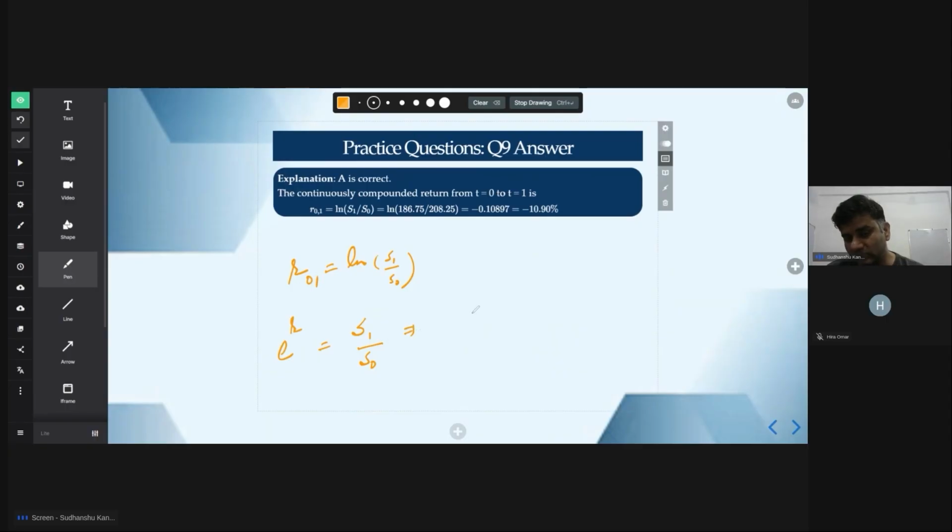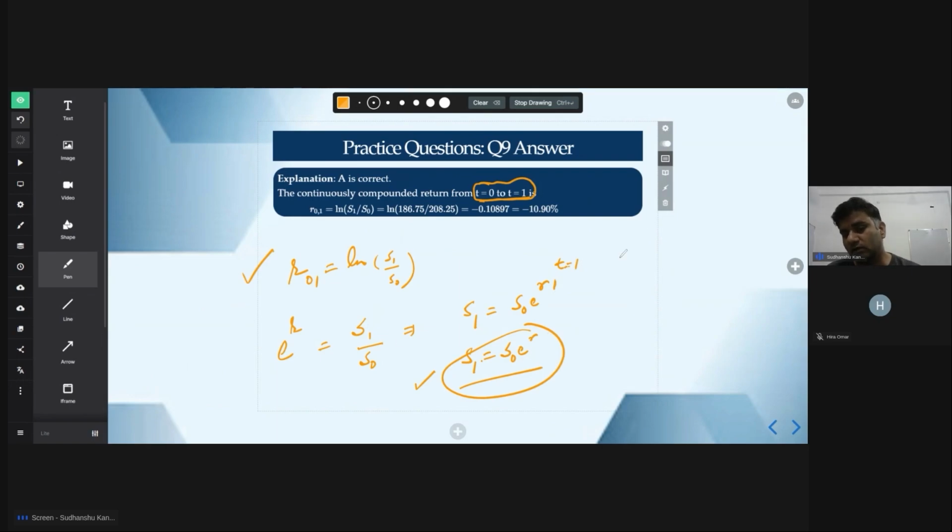So S1 becomes S naught e to the R, and T is 1, because we are taking from T equal to 0 to 1. We can use this also. Both are the same thing. Did you get my point? From 0 to 1, how much time has passed? One year, one month, whatever it is. T is equal to 1.